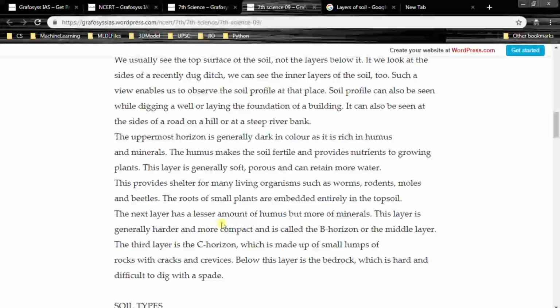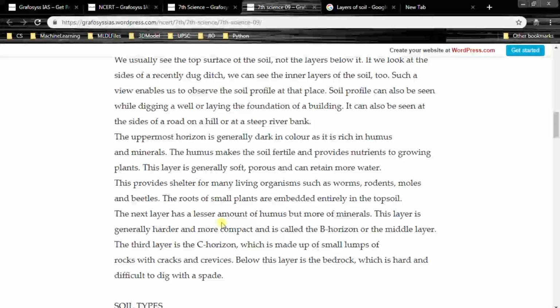The next layer has a lesser amount of humus but more of minerals. This layer is generally harder and more compact and is called the B horizon or the middle layer. The third layer is the C horizon, which is made up of small lumps of rocks with cracks and crevices.